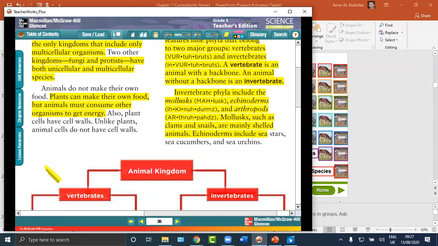Okay, but what is the name of the process that makes plants get energy by themselves? Who can give me the name of the process?